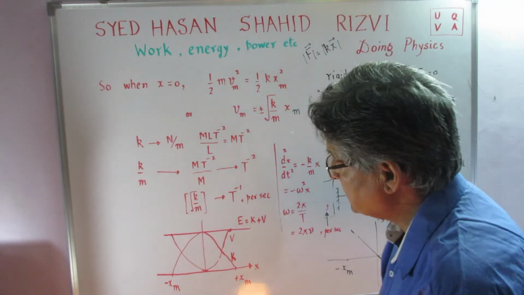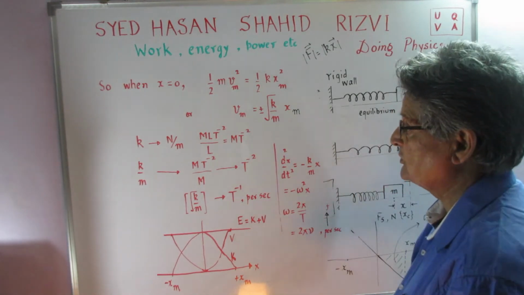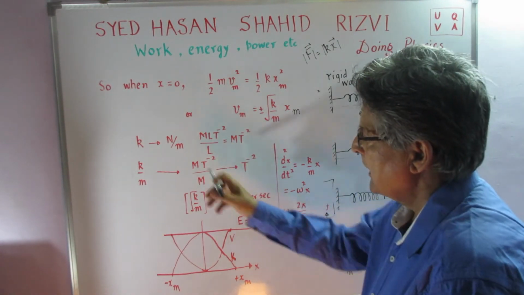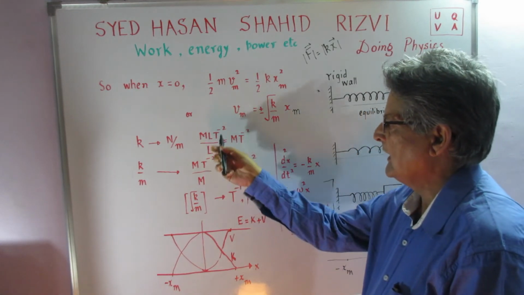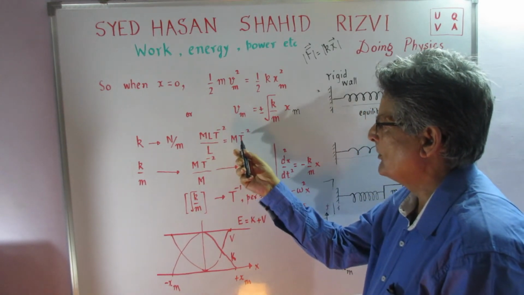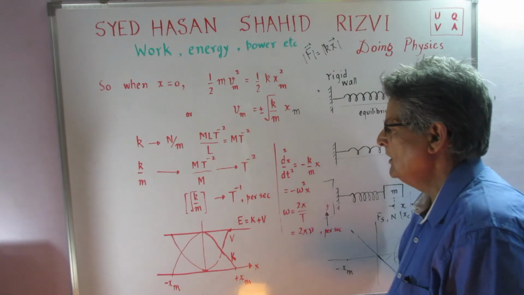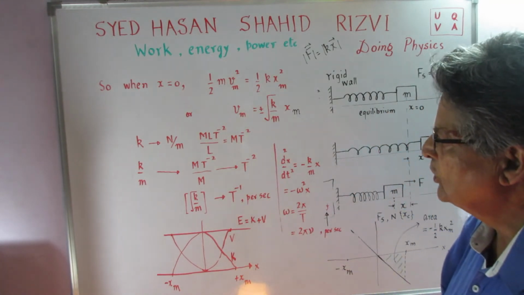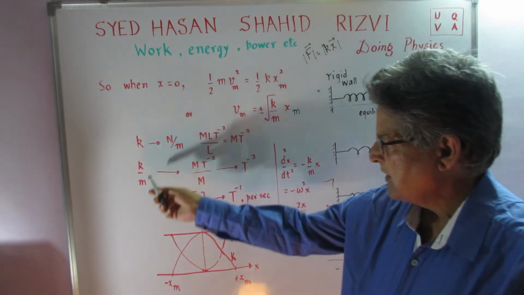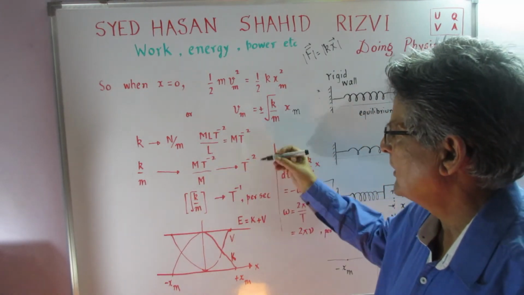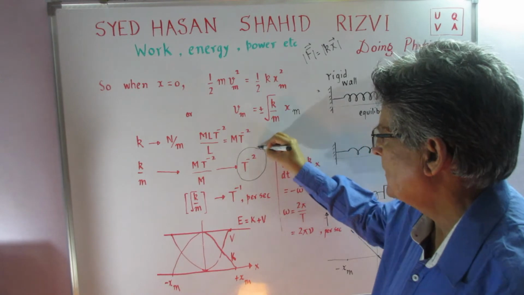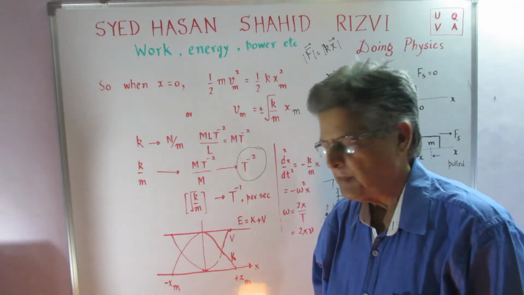If we do the dimensional analysis, newtons is M L T to the power minus 2, meters is L, so L and L cancel and we get M T to the power of minus 2. If I divide this k by m, then mass and mass cancel, and what is left for us is T to the power of minus 2, per second squared.